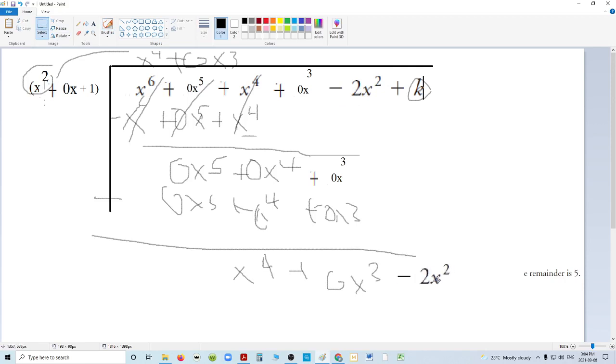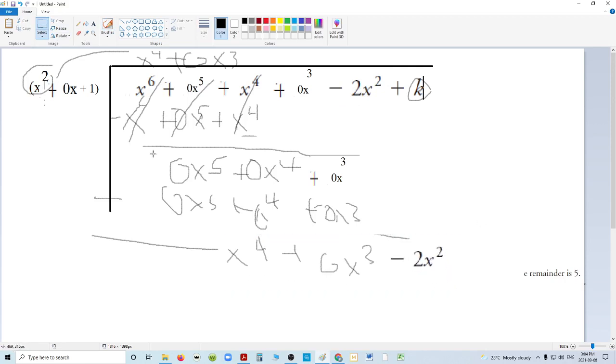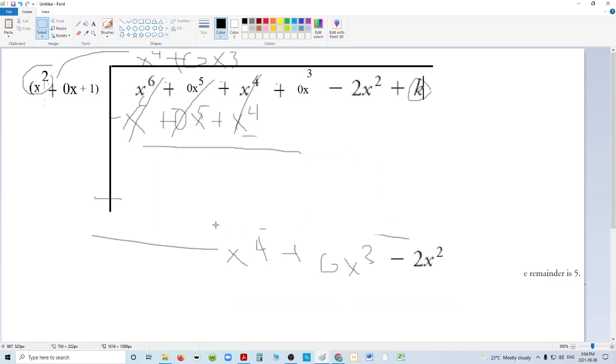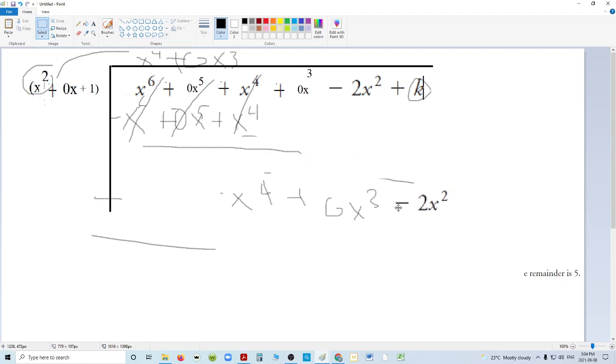Might not have to do this messiness on this one, but I'm just going to get rid of that already and just work with what I have. How do I get 0x to the 4? I obviously multiply it by 0 again. So this time I multiply by 0x squared.